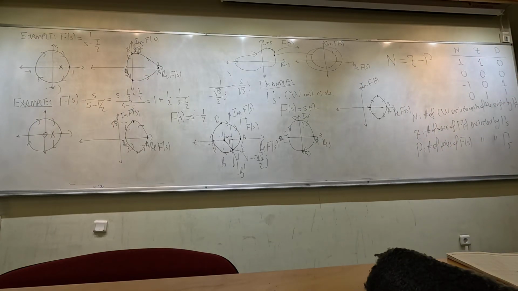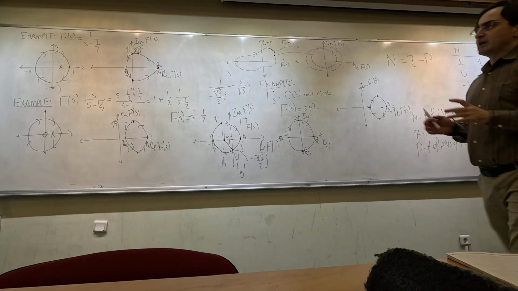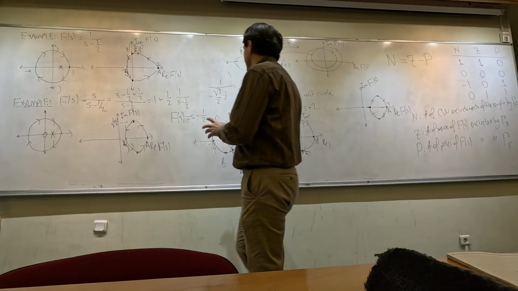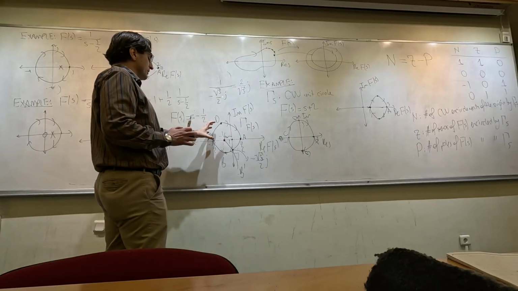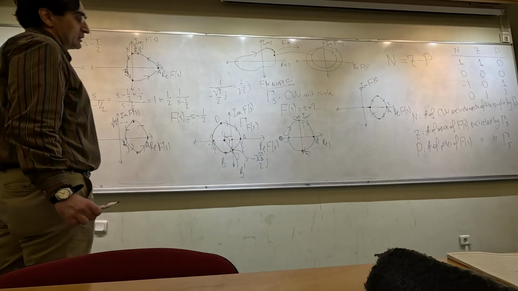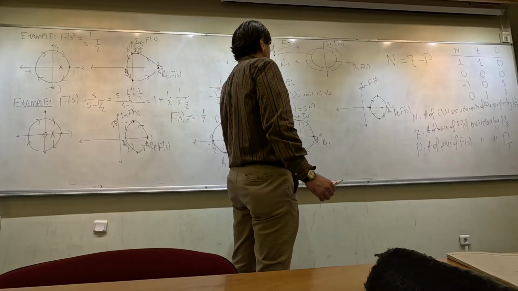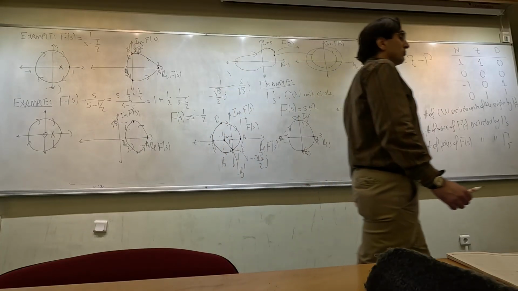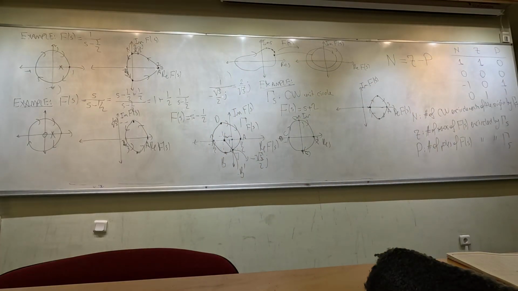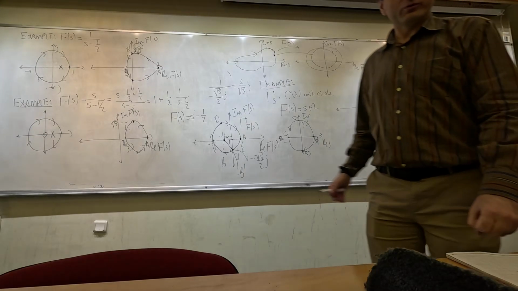So we are actually going to be able to write this, but it is a relationship between poles and zeros of a transformation encircled by a contour and the encirclement of the origin by the transformed contour. Interestingly, we will be able to use such a thing to investigate stability in control systems.